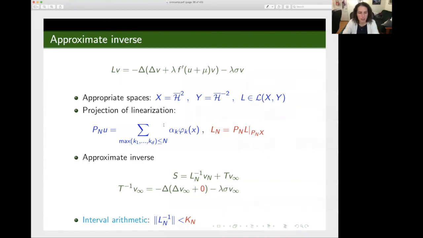To clarify, I'm just going to remove the hard part and leave the part that I can solve by hand for this operator. And I'm going to have my approximate inverse be equal to the finite dimensional approximation of the inverse on the projection space plus T on the rest of the space. So the interval arithmetic involved comes from estimating the approximate inverse Ln inverse.